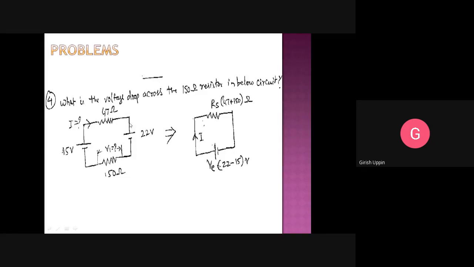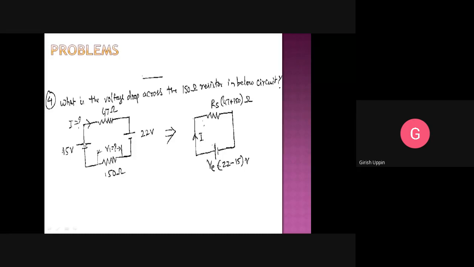So effectively, this potential source and this potential source are trying to push the current in opposite directions. The effective potential would be the difference of their potentials, that is 22 minus 15. So effectively the voltage source we have is 22 minus 15, that is we will have 7 volts in the circuit.